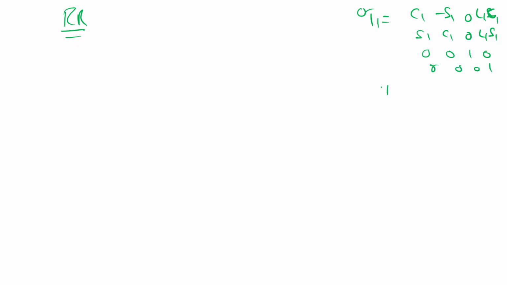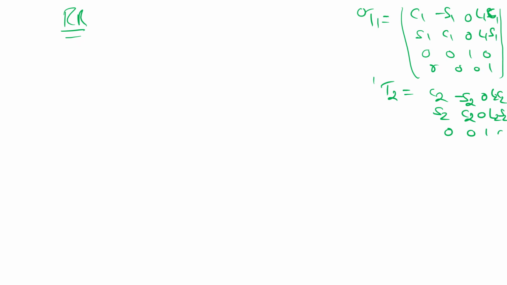Okay, so next one is T2 1. T2 1 is C2, minus S2, 0, L2 C2; then S2, C2, 0, L2 S2, and 0 0 1 0, and then 0 0 0 1.